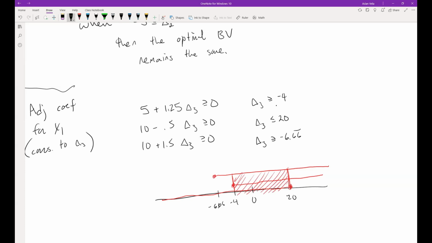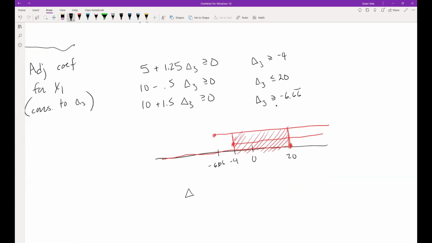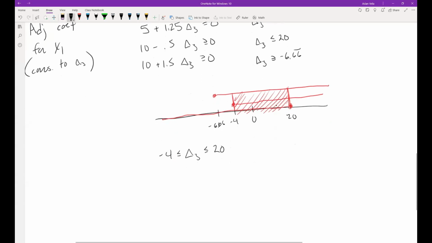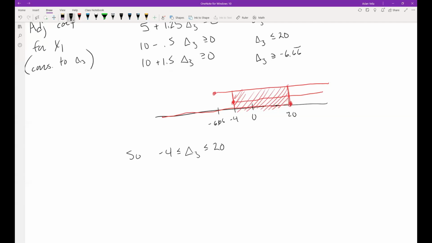So in that case, that tells us that delta 3 has to be between negative 4 and 20 in order for our basic variables to remain the same. Okay. So the basic variables remain optimal.